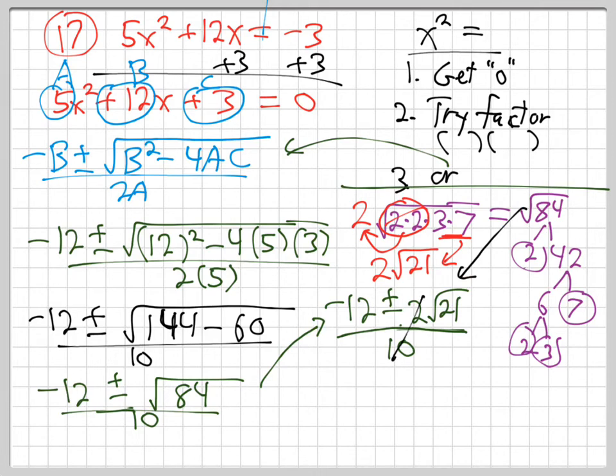Now, can I just go 2 goes into 10 5 times? Just that? No, 12. You got to do this guy also. The plus and minus means you do both or nothing. So divide the 12 by 2 as well, 6. So the final answer then is minus 6 plus or minus root 21 all over 5.